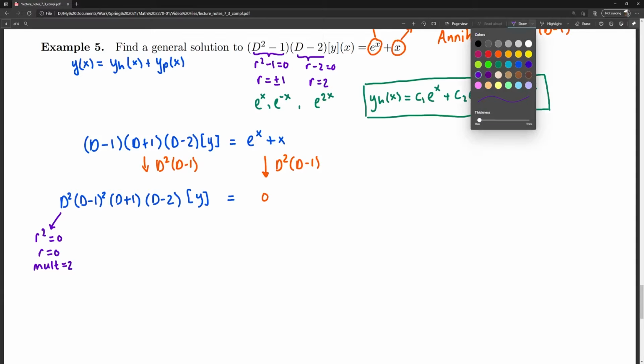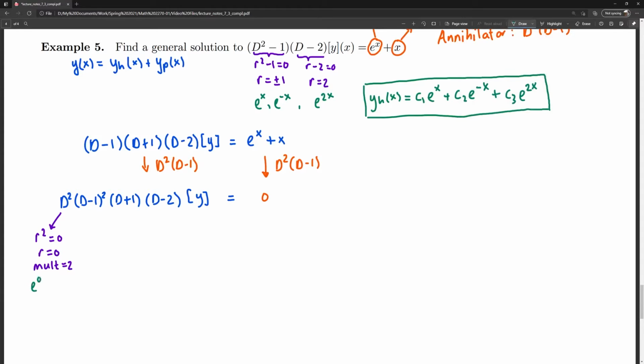So the functions that you get are e to the power 0x, and then x e to the power 0x, or just e to the power 0x, that's just 1, and then x times e to the power 0x, that's just x. So we get 1 and x for that.